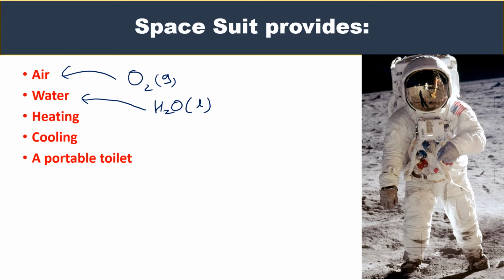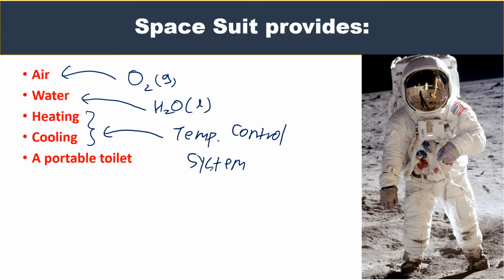Then heating and cooling. This is the temperature control system, and our human body temperature is around 36 to 37 degrees Celsius. And a portable toilet.